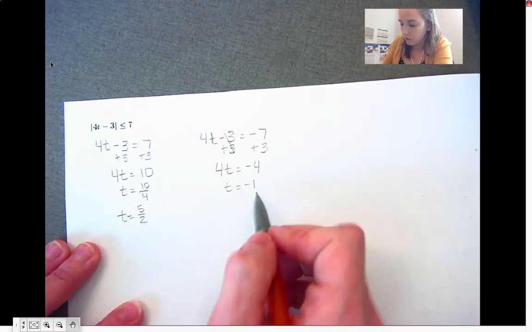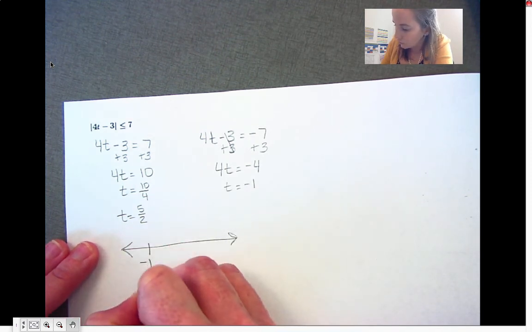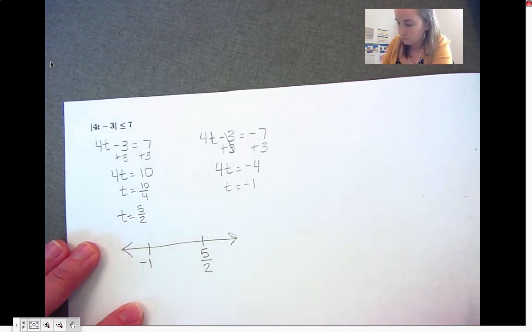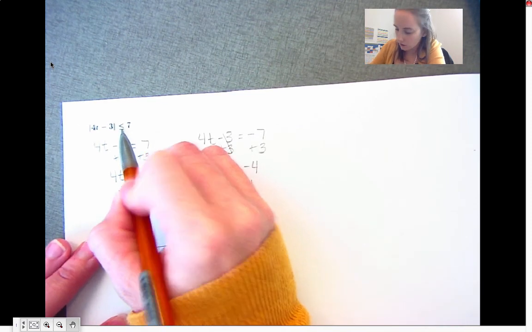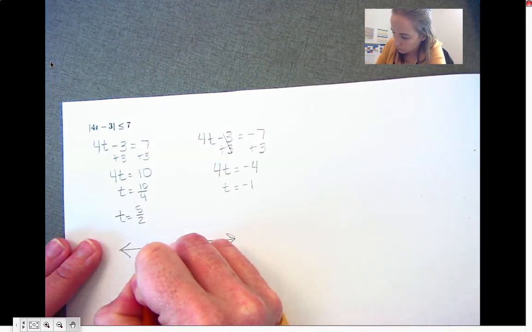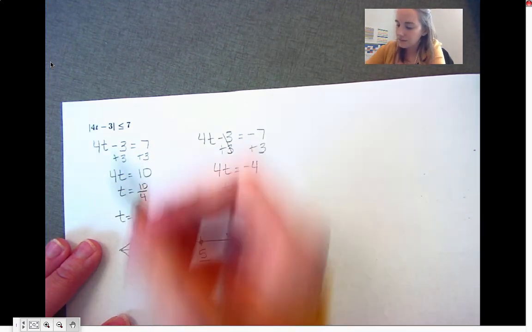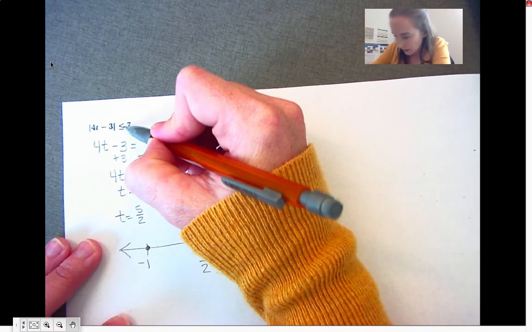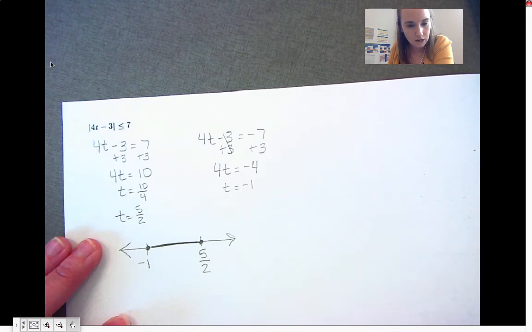These are my two values. Again, line them up from smallest to largest, negative 1 and then 5 over 2. They each, going back up to this sign, they each get a closed dot because it's got an equal to. And then we'll say, okay, this says less than, so less than, and in between is where we'll shade.